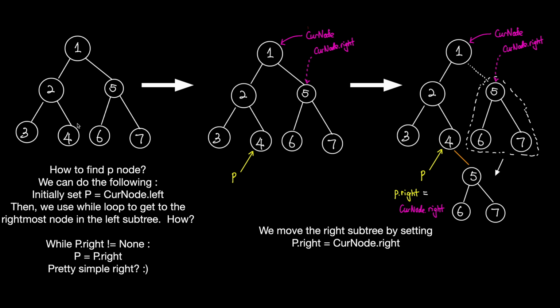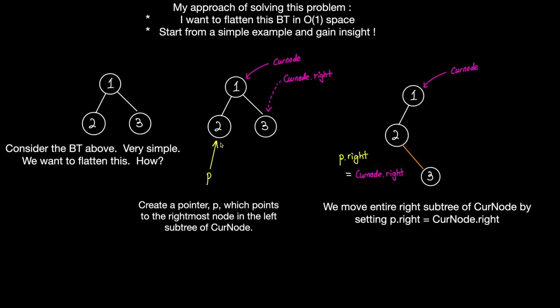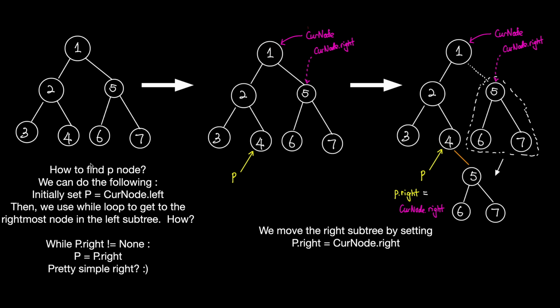So here you have 7 nodes total. If you look at here, we first have to find this guy p, the rightmost node in the left subtree. How do you do that? Well, you initially set p equal to current node dot left, so p will be here.